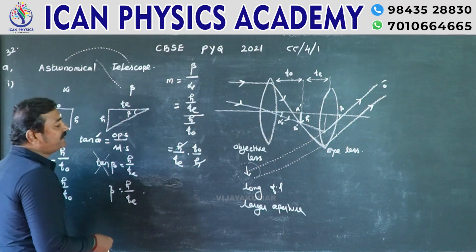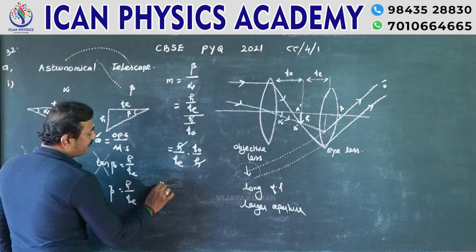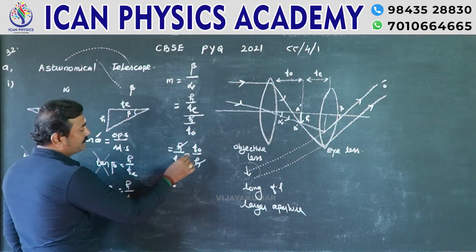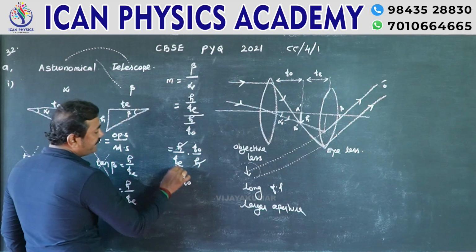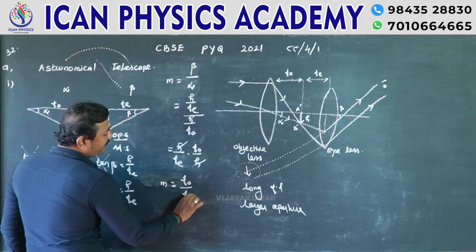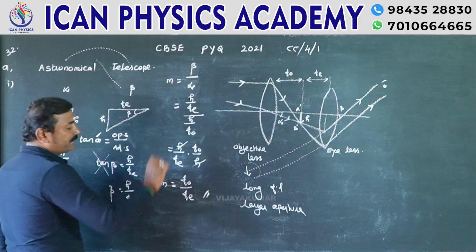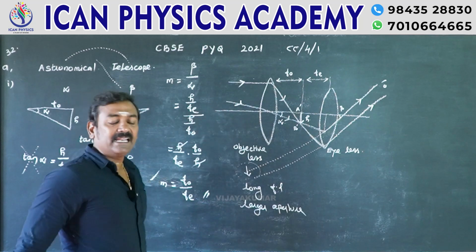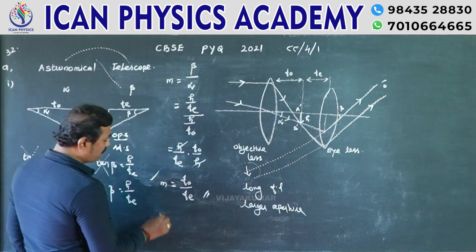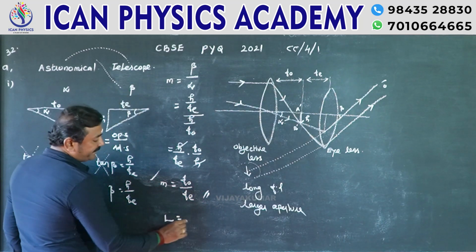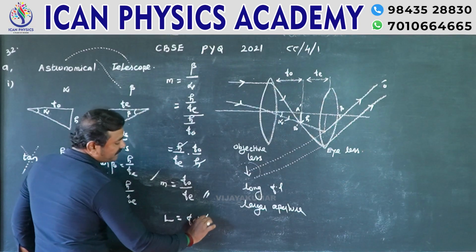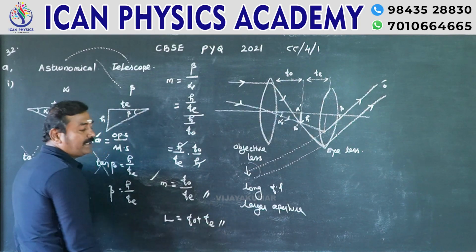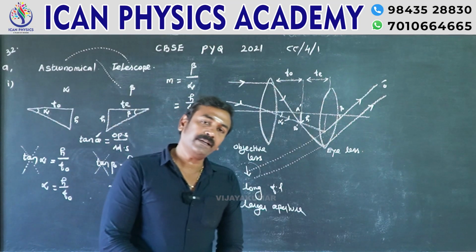So h gets cancelled. Finally we get the magnification: in the numerator we have f0, in the denominator we have fe. Thus we can calculate the magnification. How can I calculate the length of the telescope? The length of the telescope is f0 plus fe. Do you get it now? Do you have any doubts?